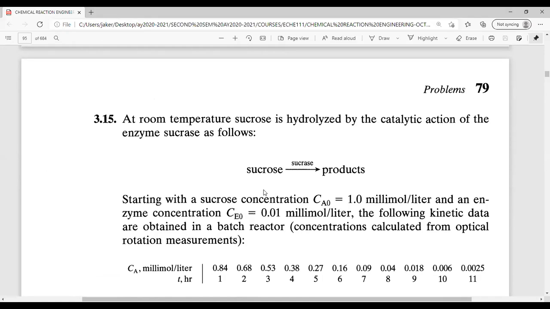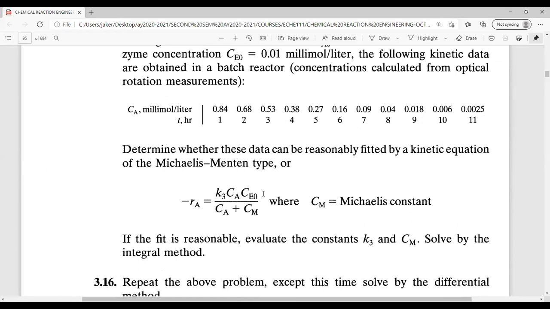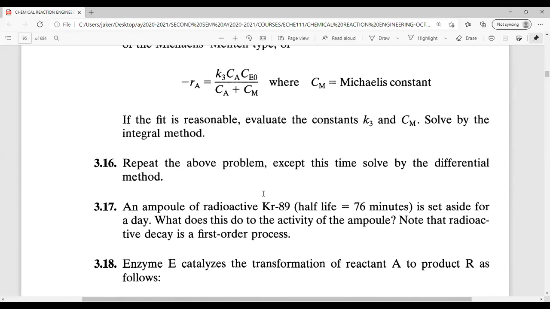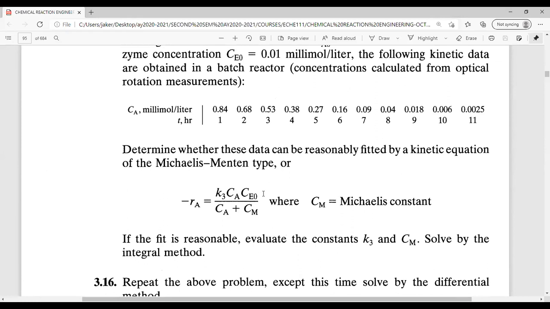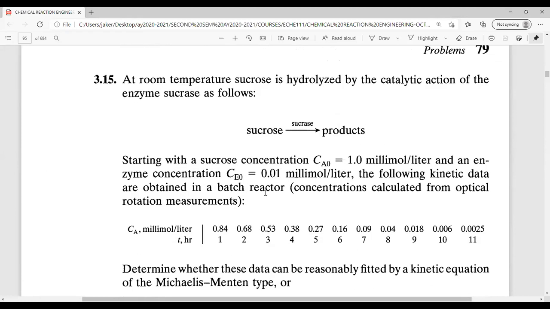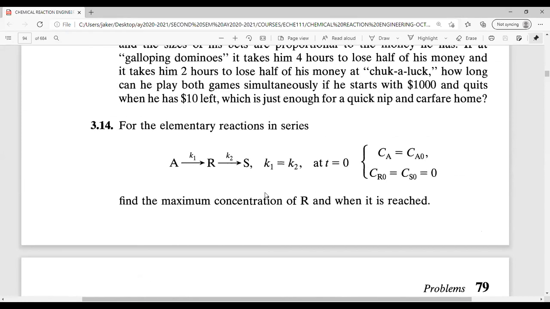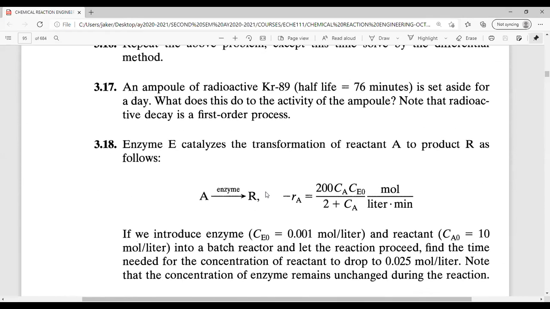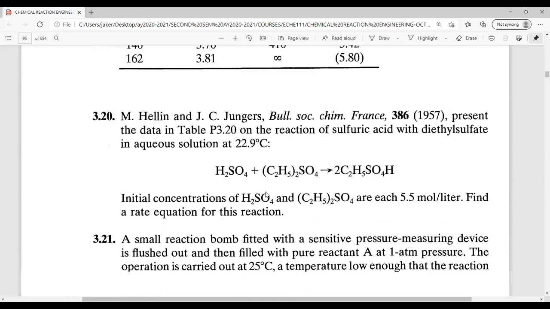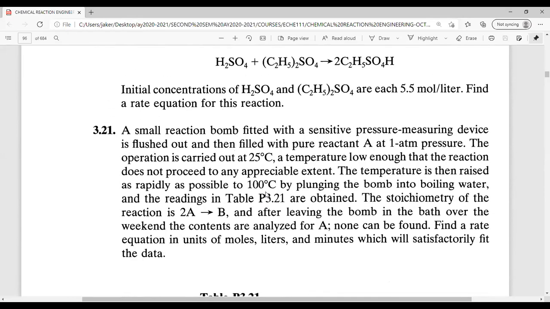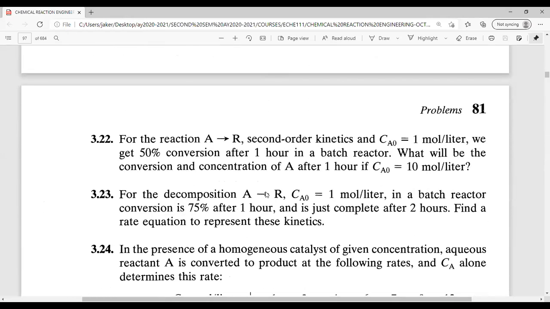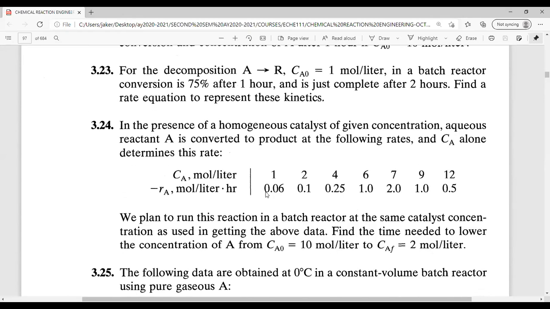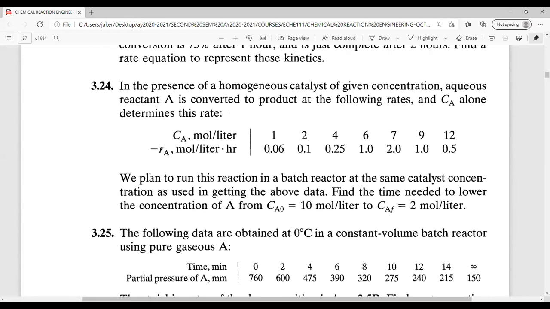Okay, so it should be a homogeneous catalyzed reaction. So here we are. 3.24.